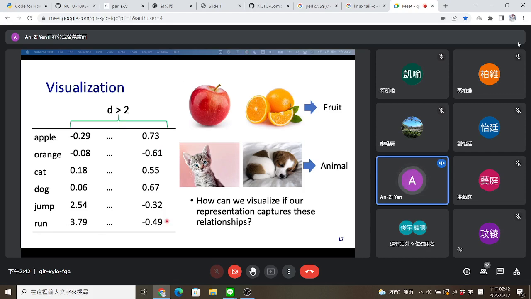So how could we visualize our words in order to see this relation and other possible relationships? The answer is to perform dimensionality reduction. We can use this for this task.